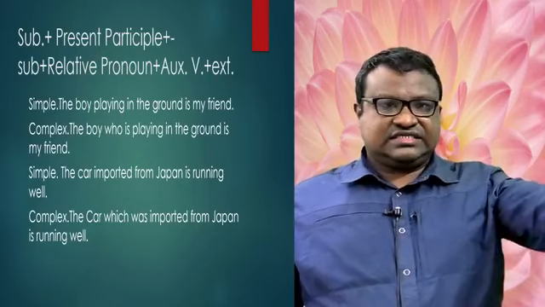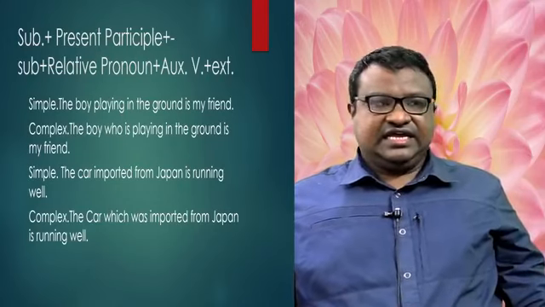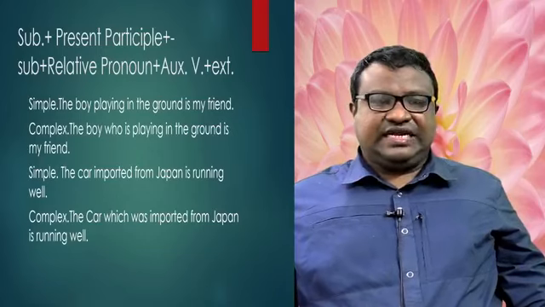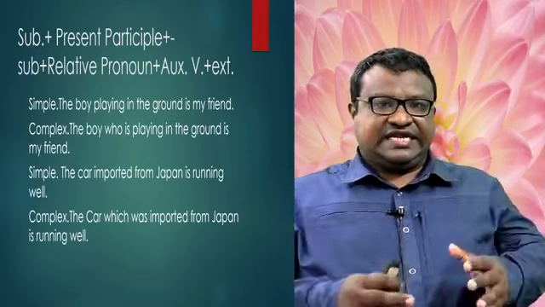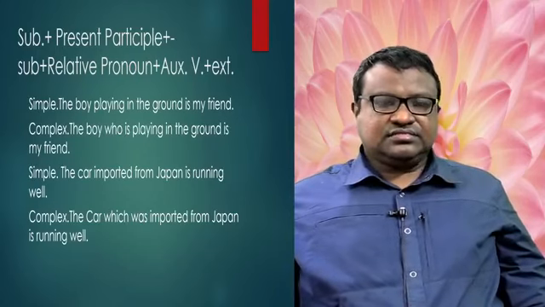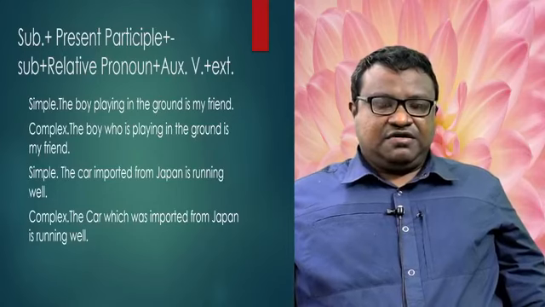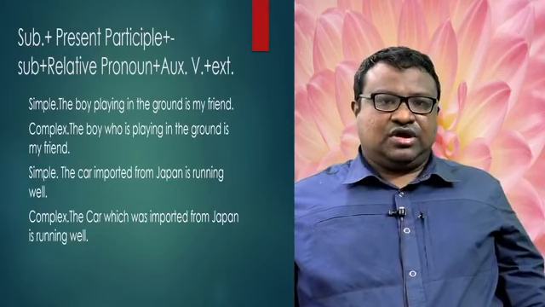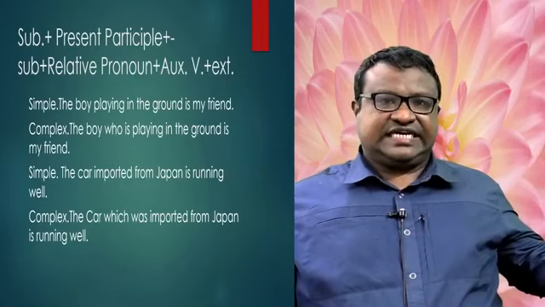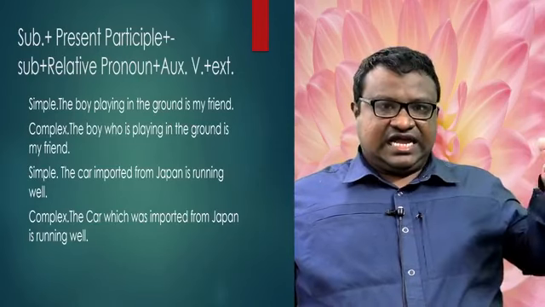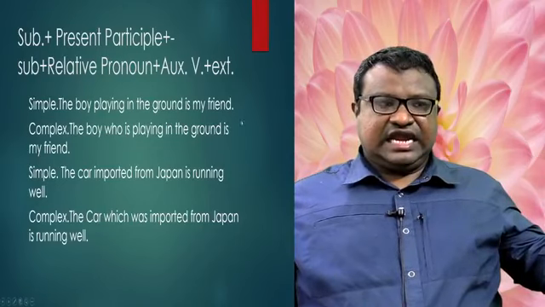Now when we are turning it into the complex one, at first we will use the subject and then we will bring a relative pronoun, and the relative pronoun will be chosen in consideration of whether the subject is a person or an inanimate object.